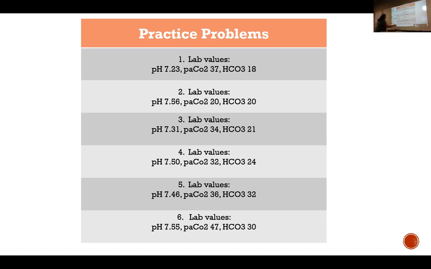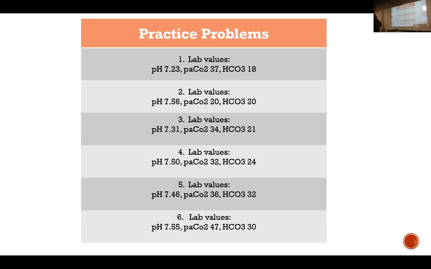Next step is to decide, I know people are jumping ahead, is it compensated or uncompensated? What do you think? So we know to some degree it's compensated, right? How do we know that? Yeah, we have a helper, right? If this had been normal, it would be uncompensated because they're not helping.